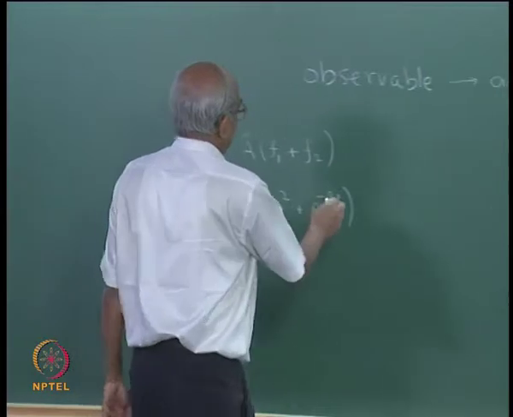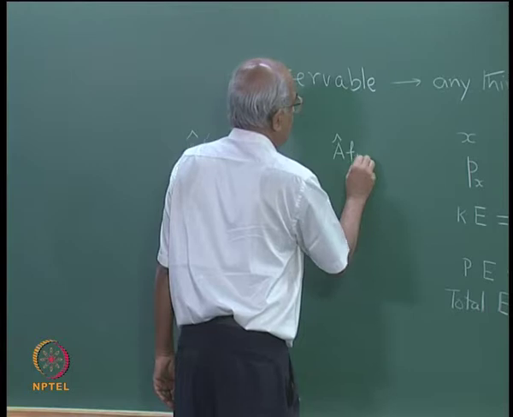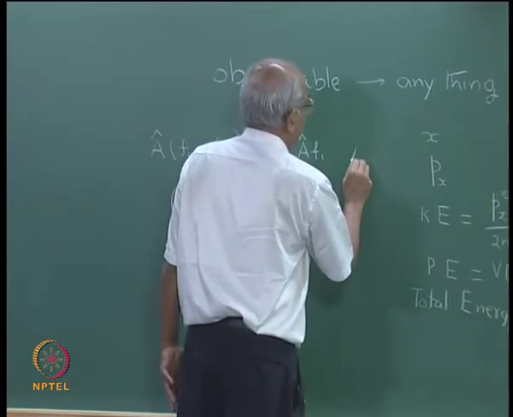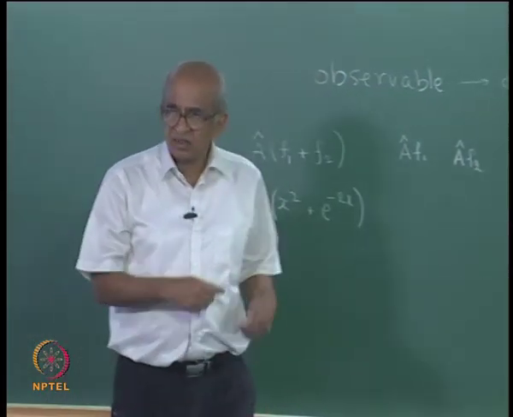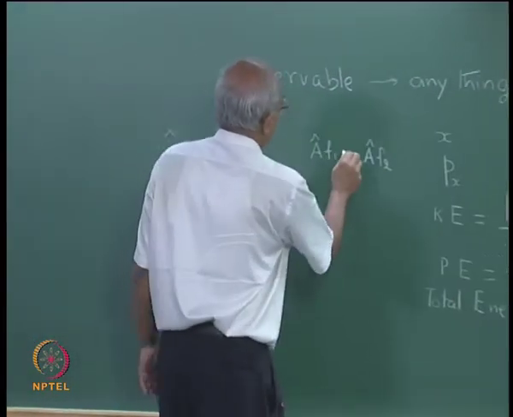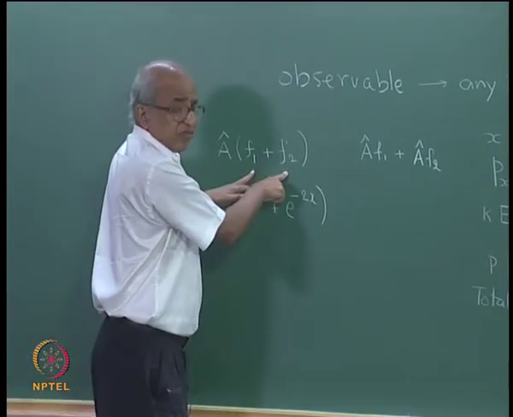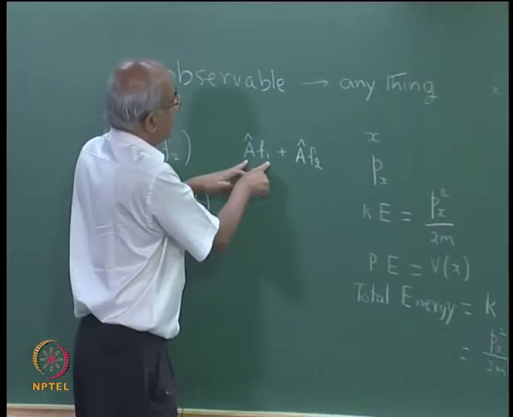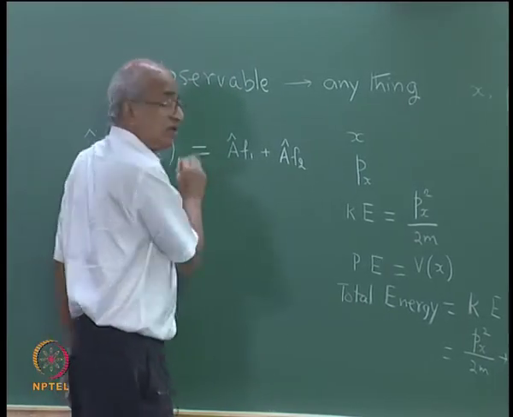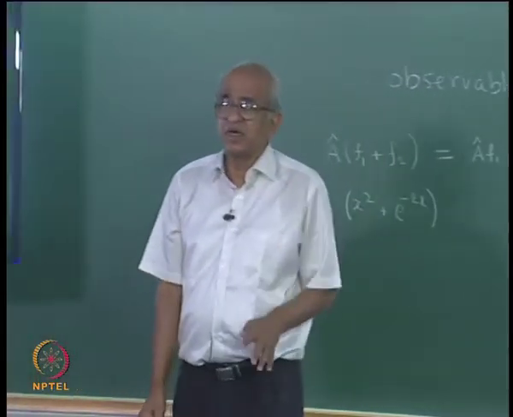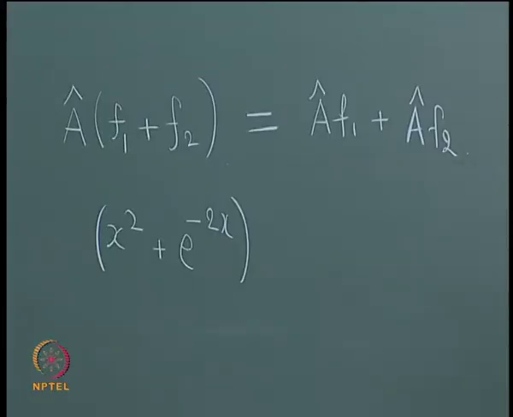I can allow A to operate upon f1, and also upon f2 separately, and then sum the two. If it so happens that A operating upon the sum of f1 and f2 is equal to A operating upon f1 plus A operating upon f2, and this is satisfied for any arbitrary f1 and f2, then I say that A is a linear operator.